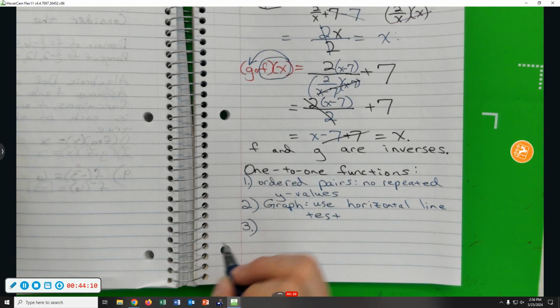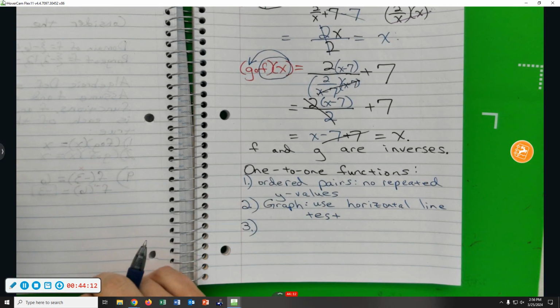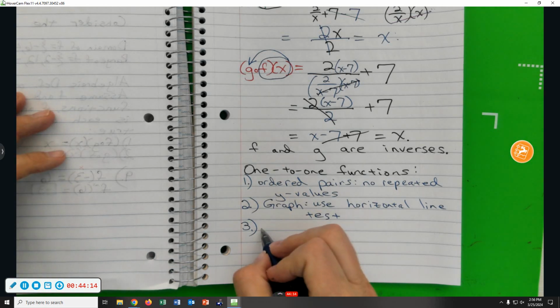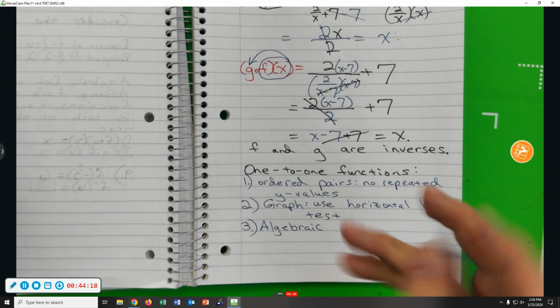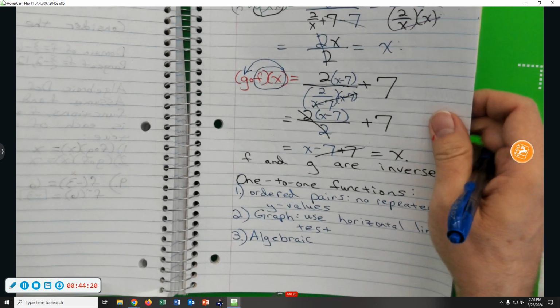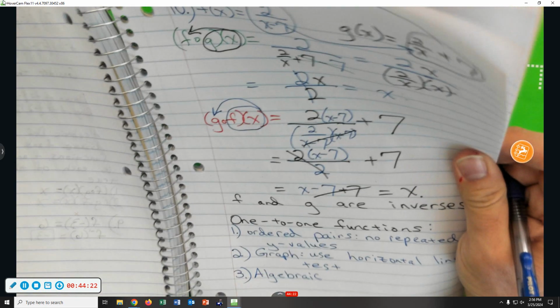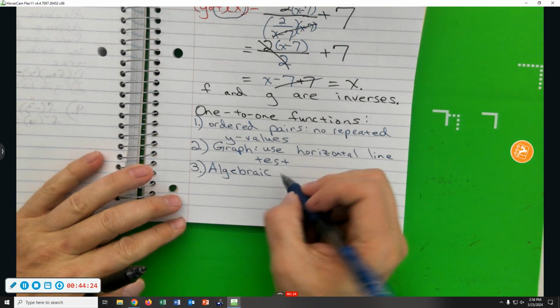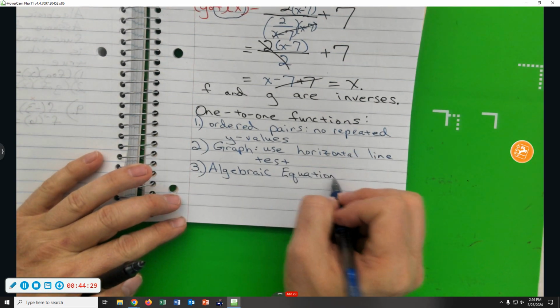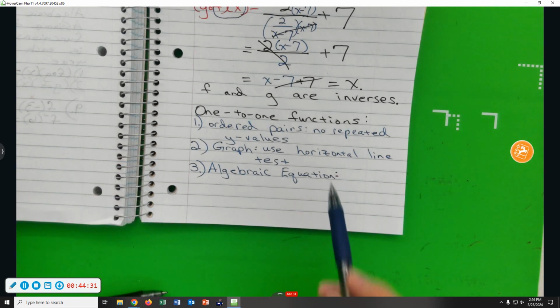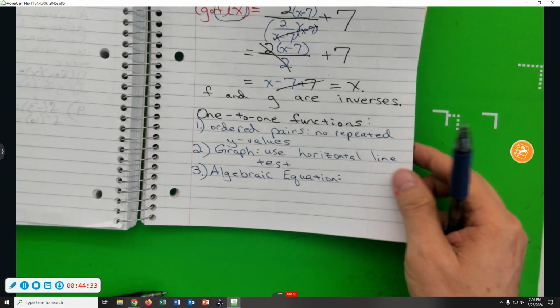What if you have an algebraic equation, something with variables? I'm running out of room, so I'll move this up a little bit more. There. Algebraic equation. This third one is the important point that I'm trying to make.